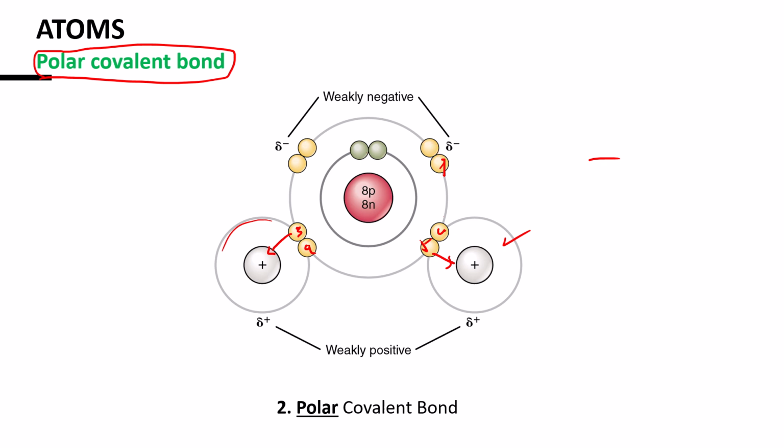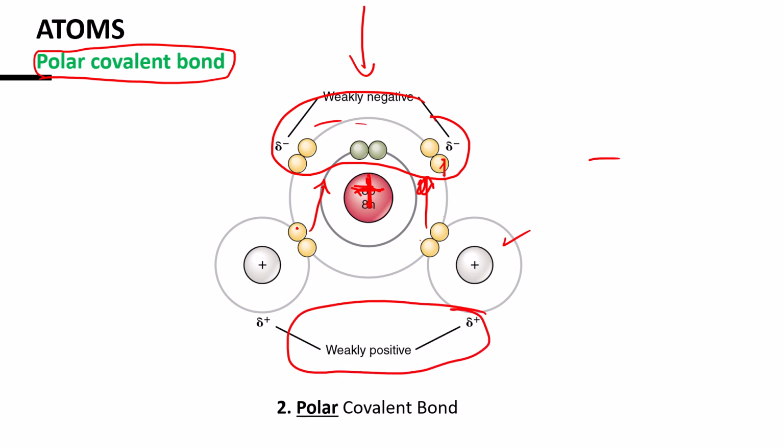But what you need to look at here is the negative. Oxygen, because it contains more protons, has more positive charge. It pulls the negative electrons more towards the oxygen itself, meaning that this side of the molecule is weakly negative because you see all these electrons, and this side of the molecule is weakly positive because you don't have electrons close to that area, since they have been pulled by the oxygen.